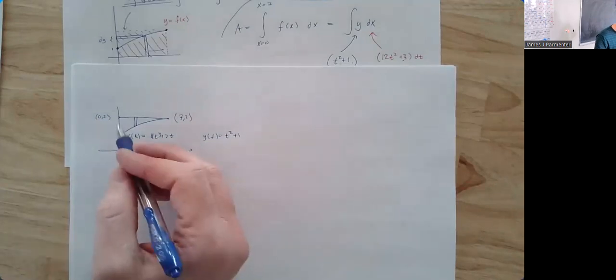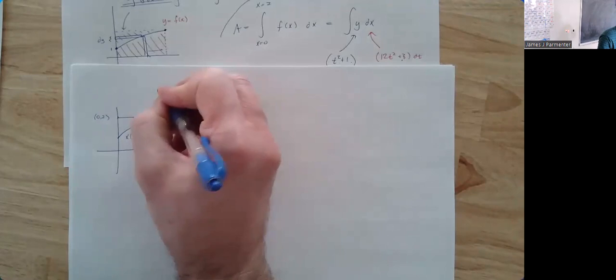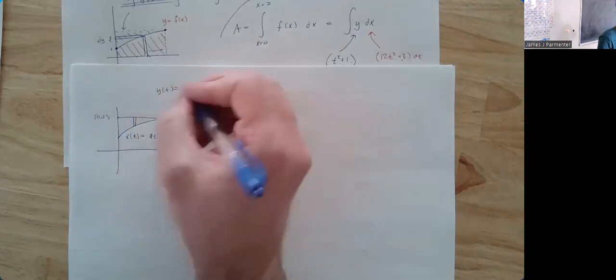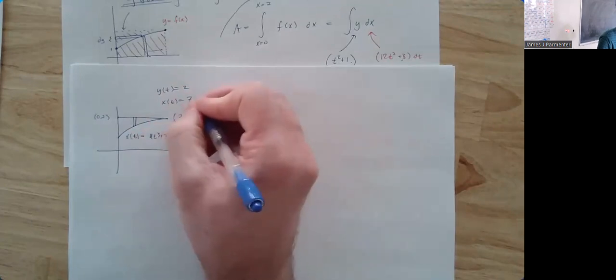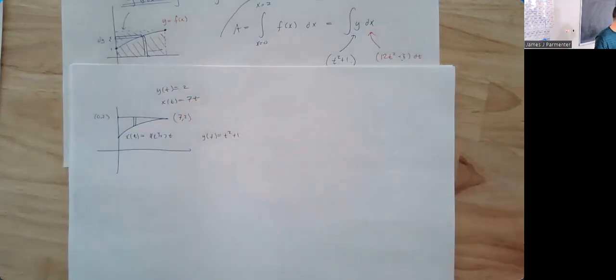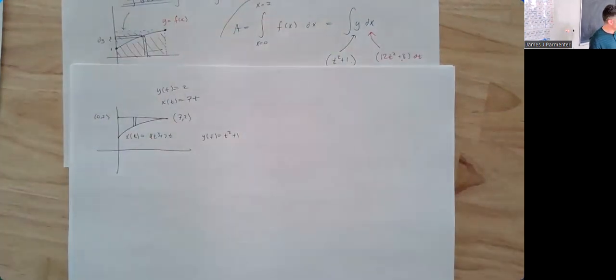And then I could say y of t is equal to 2, and x of t is equal to 7t, where t goes from 0 to 1. But I think you'd have to do some sort of weird parameterization so that you can do the subtraction. I feel like it'd be dicey.